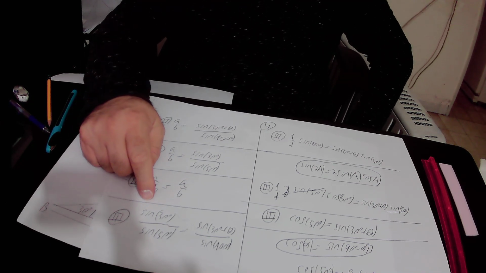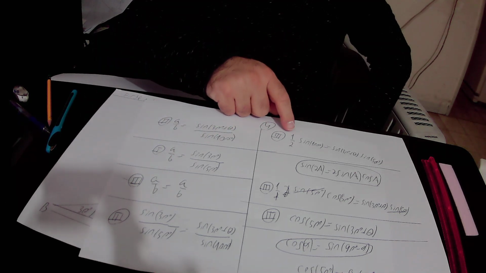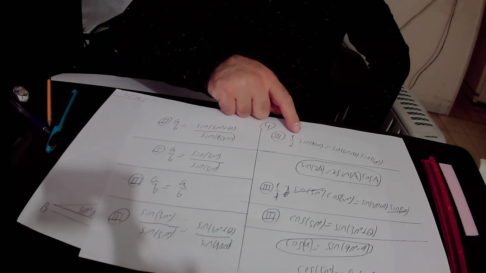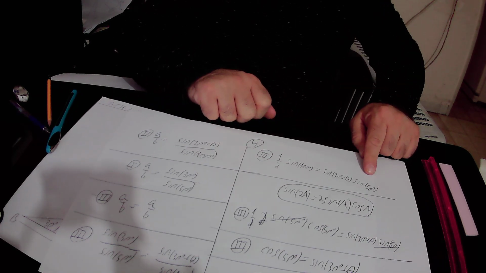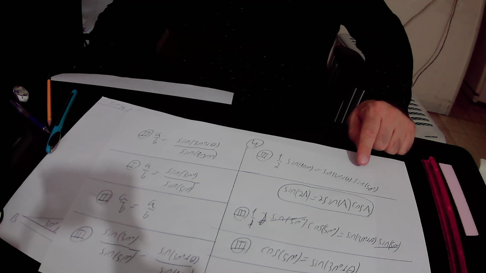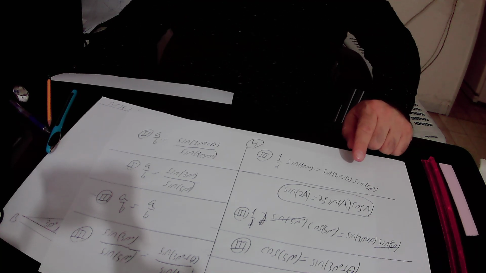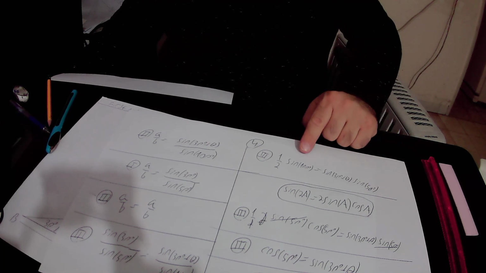We know that sine 30 degrees is 1 over 2, so it is actually 1 over 2 times sine 100 degrees equals sine 30 degrees plus theta times sine 50 degrees. We use the trigonometric identity that sine 2a equals 2 sine a cosine a in order to simplify sine 100 degrees.